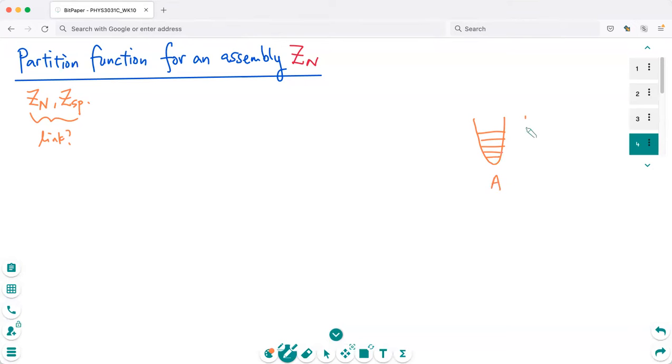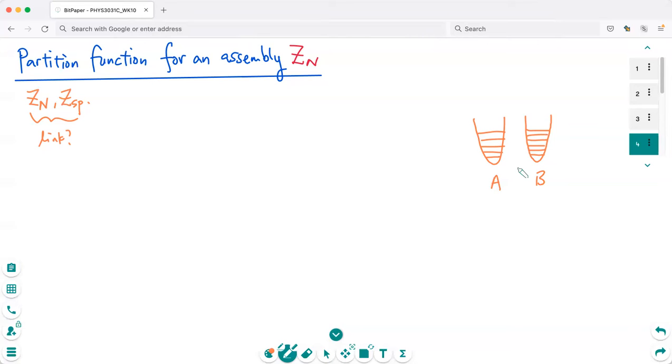So the identical particle B will have the identical energy spectrum. Here, okay, this is B. They are identical, and I have n copies of them. They are all the same. So rather than looking at them collectively as a system, what we have done so far is look at one of them. Let's say I pick A, and I know the energy spectrum, so I know how to write it.